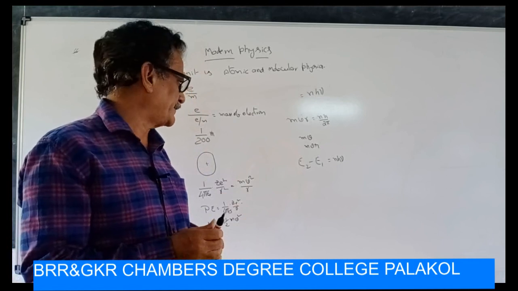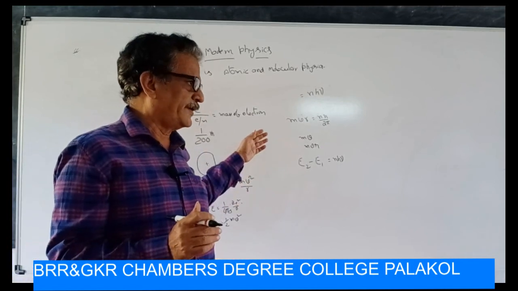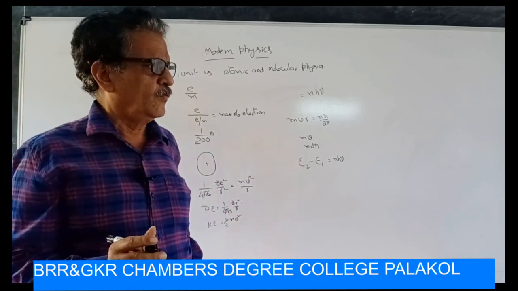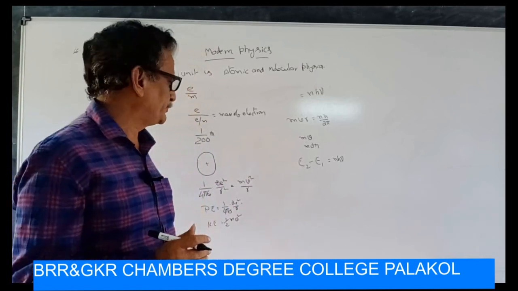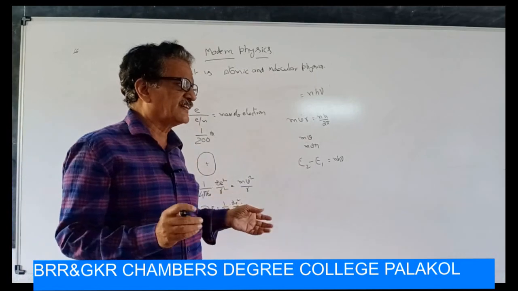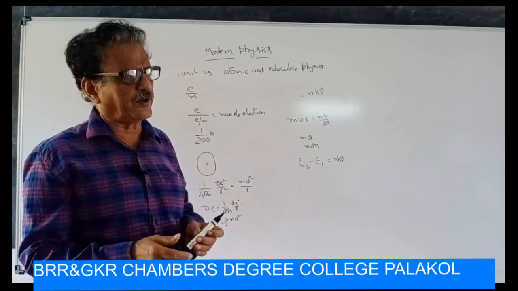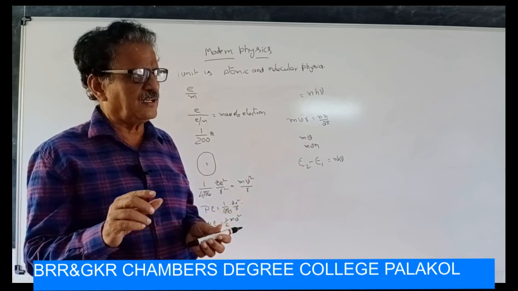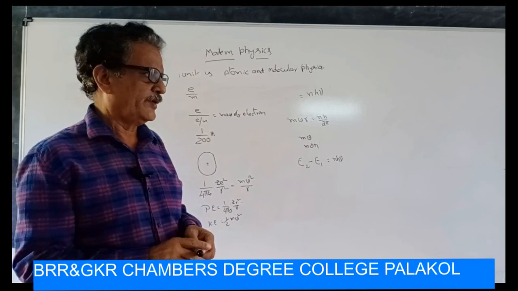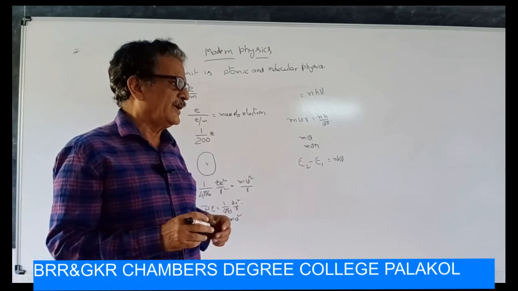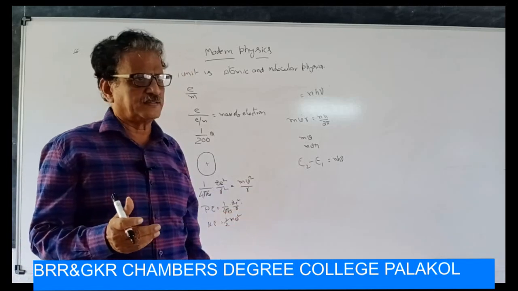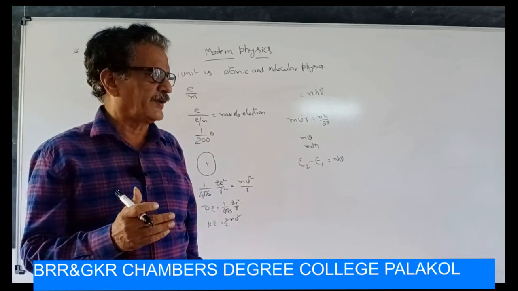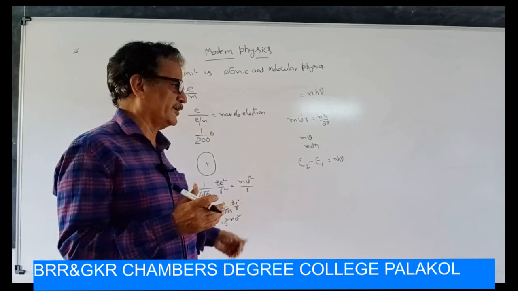But there are many drawbacks in this model. The drawbacks of this model are: one, even though this model successfully explained the spectrum of the hydrogen atom or singly ionized helium atom, other facts relating to the spectrum were not explained by this model.